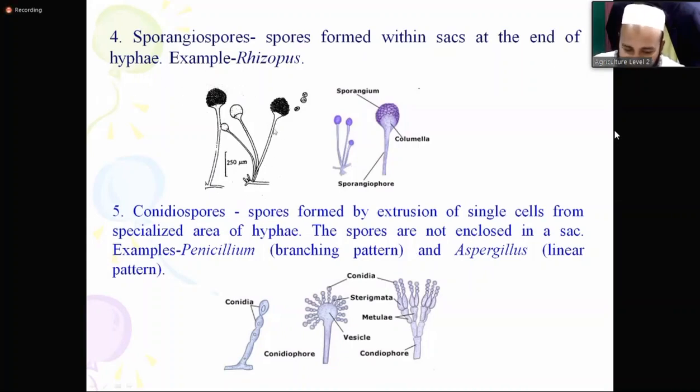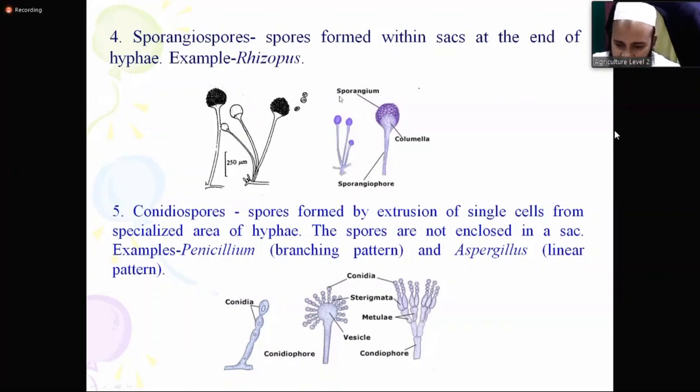If it is a special hypha, of course not a vegetative hypha, then at the tip of the hypha there is a sac. Spores form in this sac. This sac is called sporangium. Do you remember? I told you, sporangium.